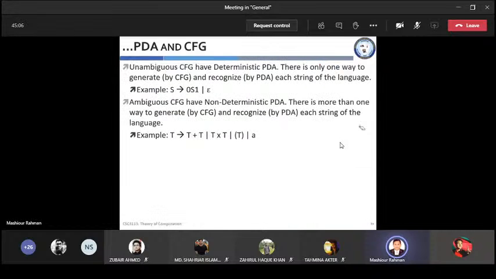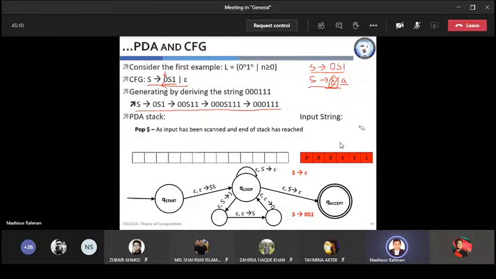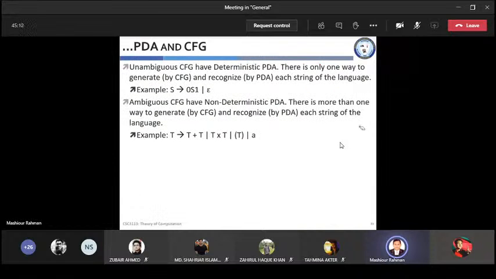So that means, since we can convert CFG to PDA, the CFGs which are unambiguous is nothing but a deterministic PDA. There is only one way to generate by CFG and recognized by PDA each string of the language. Example, S substituted by 0S1 or epsilon.